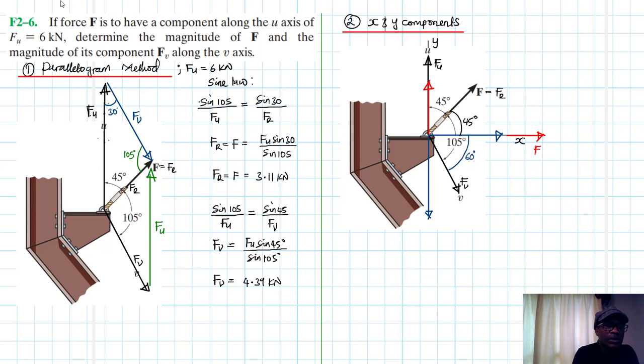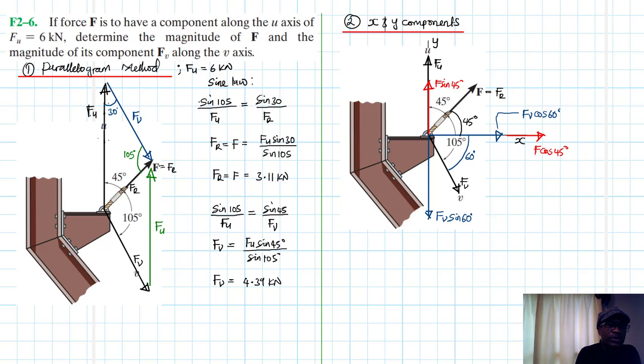Okay, great. So this is going to be F cos 45, and this is F sine 45. It can be the other way around because it's 45. And then this one is Fv sine 60, and this one is Fv cos 60.